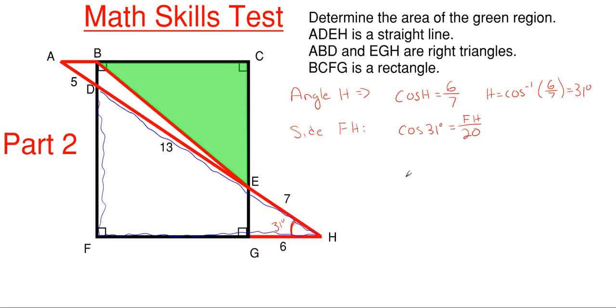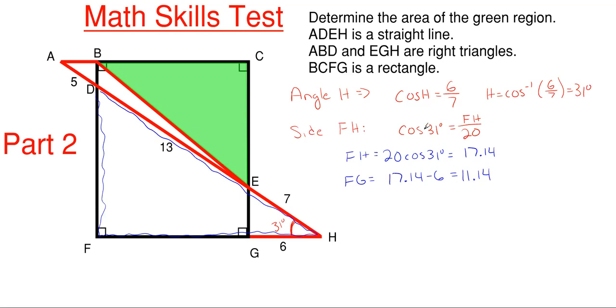So FH will be 20 cosine of 31 degrees, which gives me 17.14 as a dimension. Then FG is just that total distance of 17.14 along the bottom, subtracting off the 6 from G to H, which gives me 11.14 units for FG.